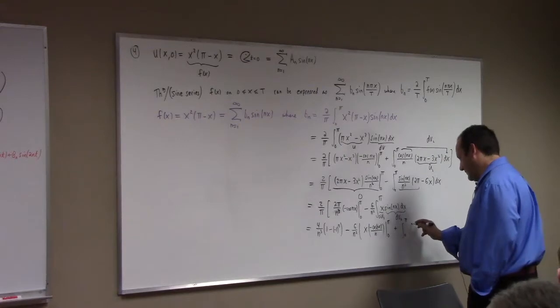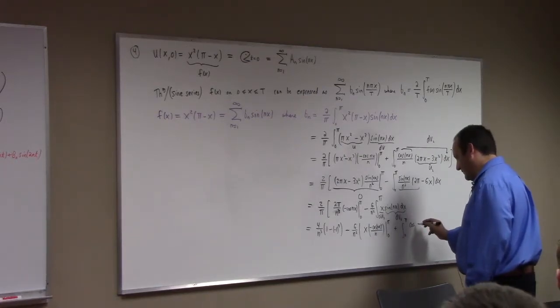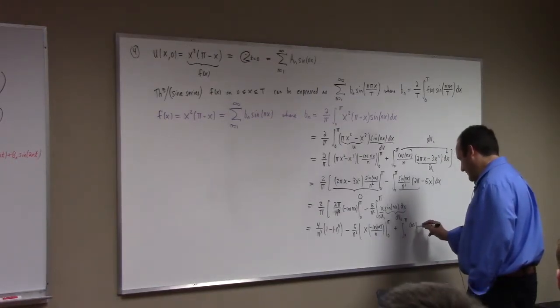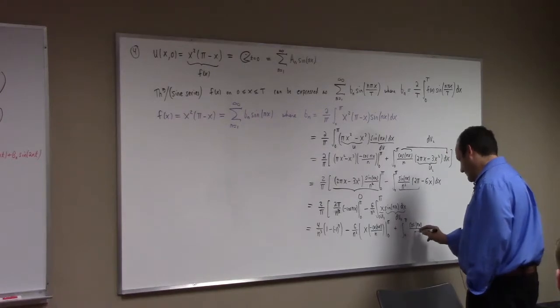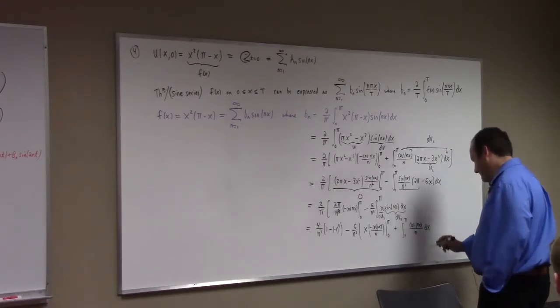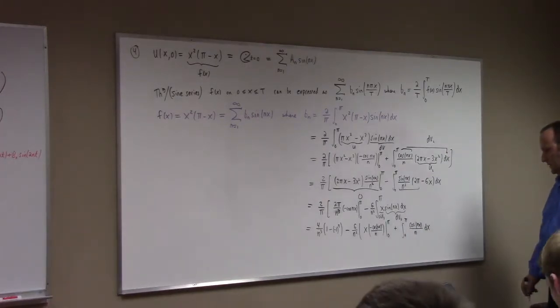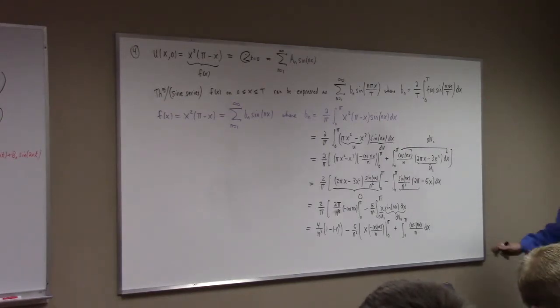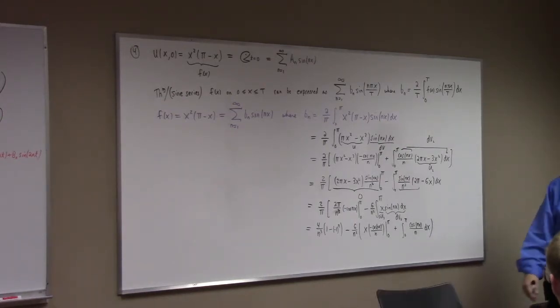Goodness gracious, why didn't I use Wolfram Alpha for this? But the last integral dies because that integrates to a sine, and sine is 0 at 0 and pi.